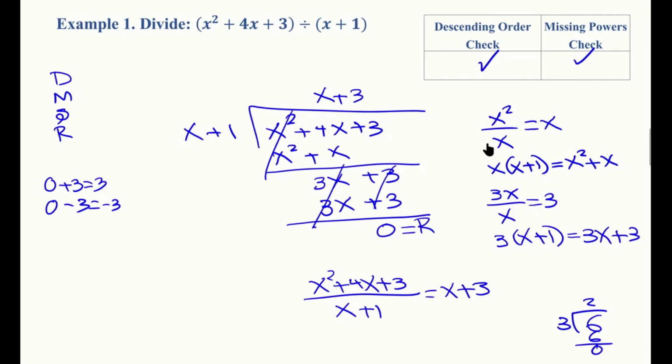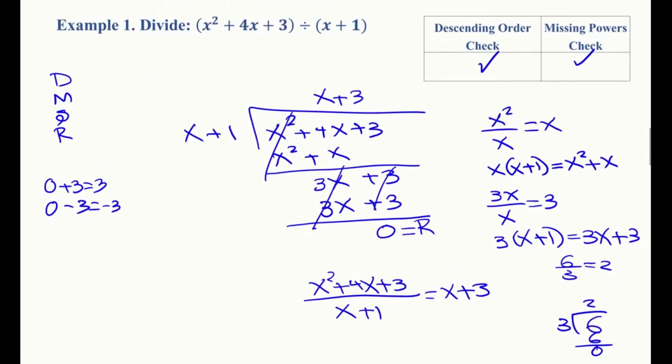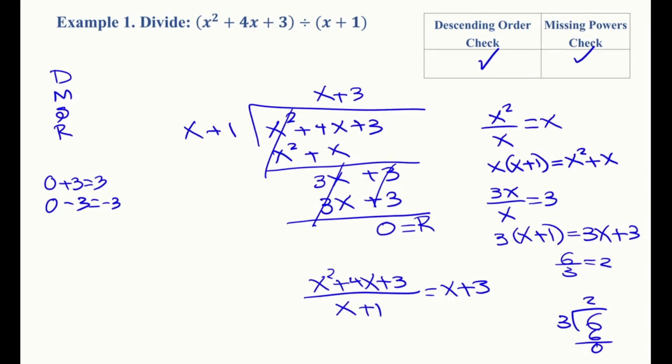So that means, just as in the case of 6 over 3 equals 2 means 3 times 2 equals 6, in exactly the same way, x plus 1 times x plus 3 should give us that. And of course, we can check that using the division formula as well. Remember, d equals q d plus r.